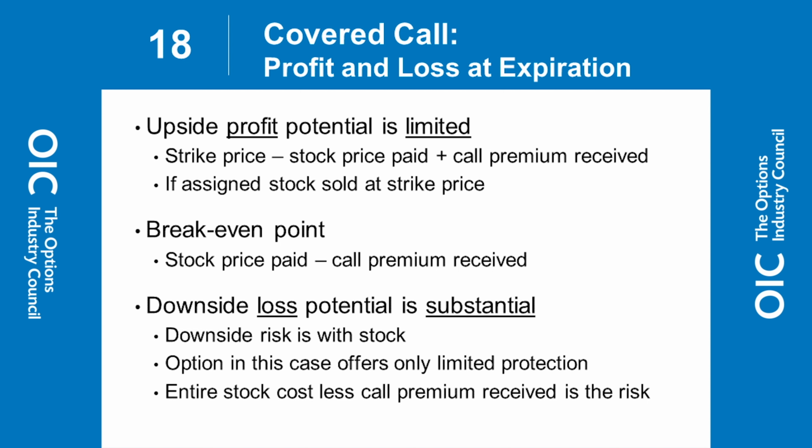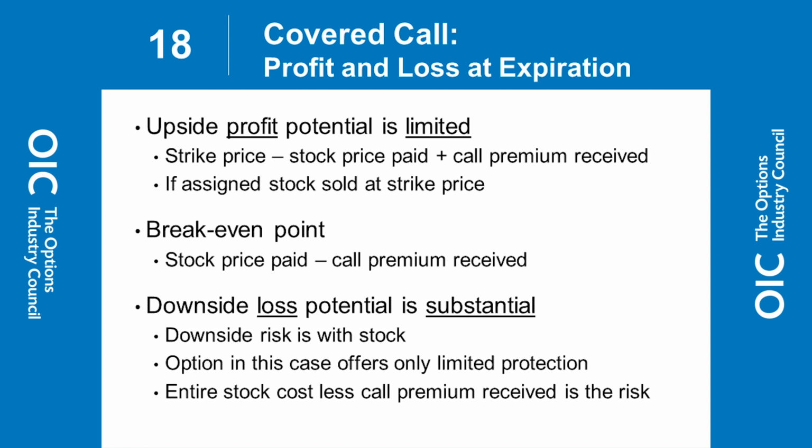And then here's something to definitely keep in mind. We were looking at the protected put earlier, and the protected put gave us protection to the downside. If stock declined in value substantially, we were protected. With the covered call, that is not the case. The downside loss potential is substantial because we still own 100 shares of stock.